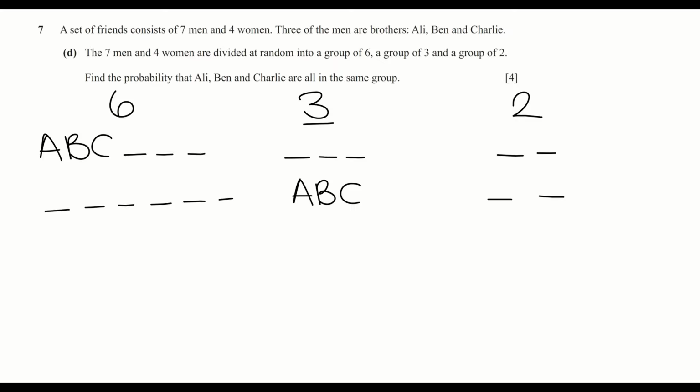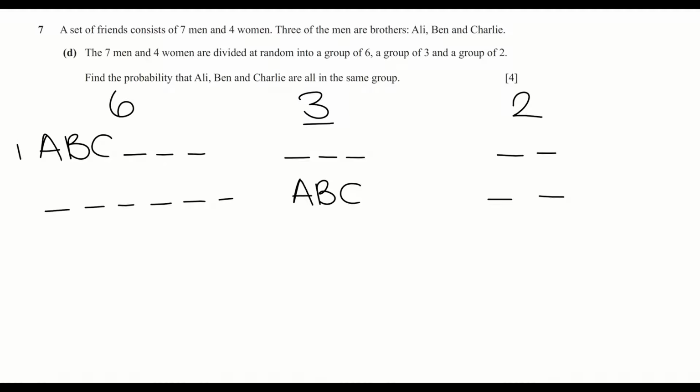The third group can only hold 2 people, so we cannot fit the 3 brothers into this group. So these are the only 2 options that we can consider. We have 7 men and 4 women, which gives us a total of 11 people. But we've already placed the 3 brothers, so we now need to place the other 8 people.